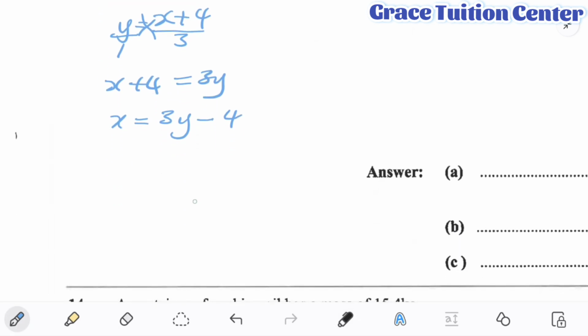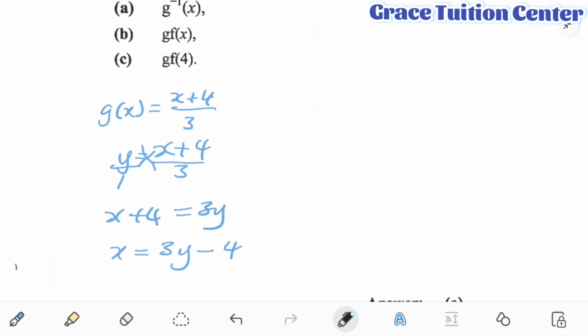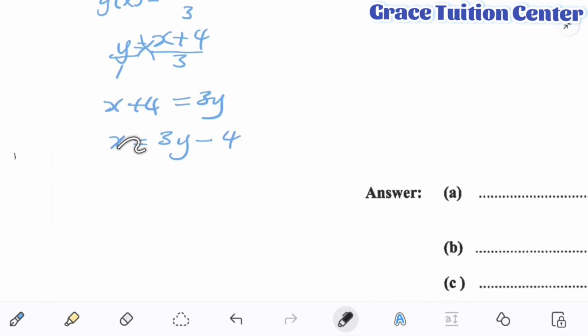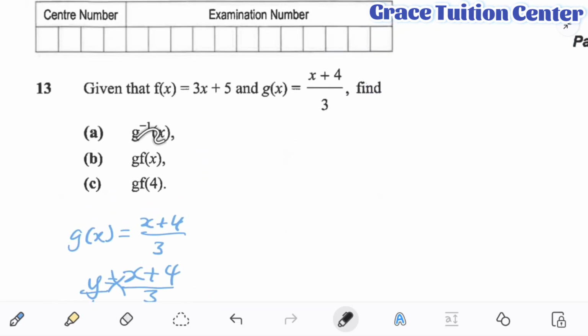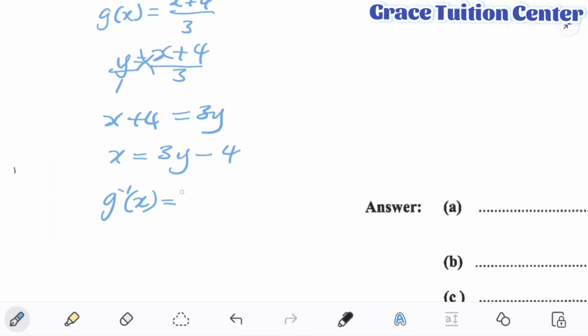Where there's x, that's where you put this. So you replace x with this. So let me go ahead and put this so that you can see what I'm talking about. So here, where we have x, we are going to put g inverse of what? X. So here, we write g inverse of x equals 3.